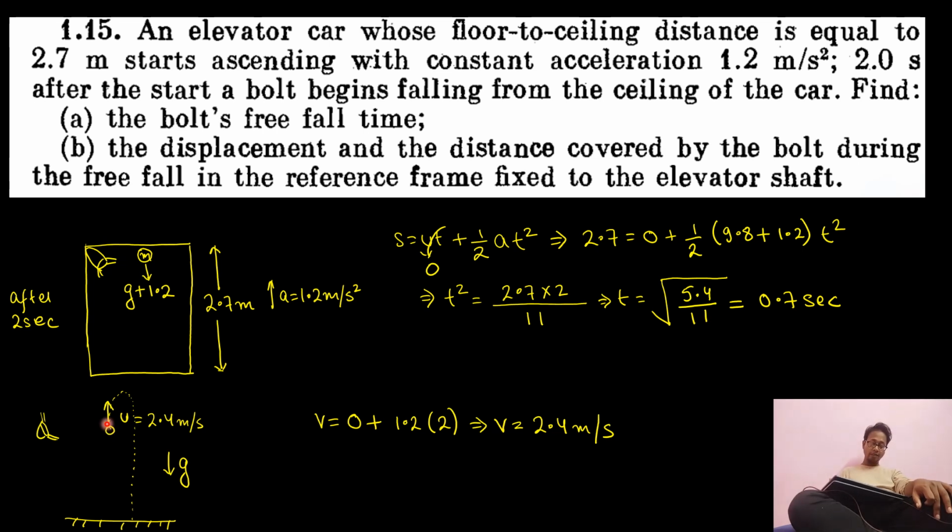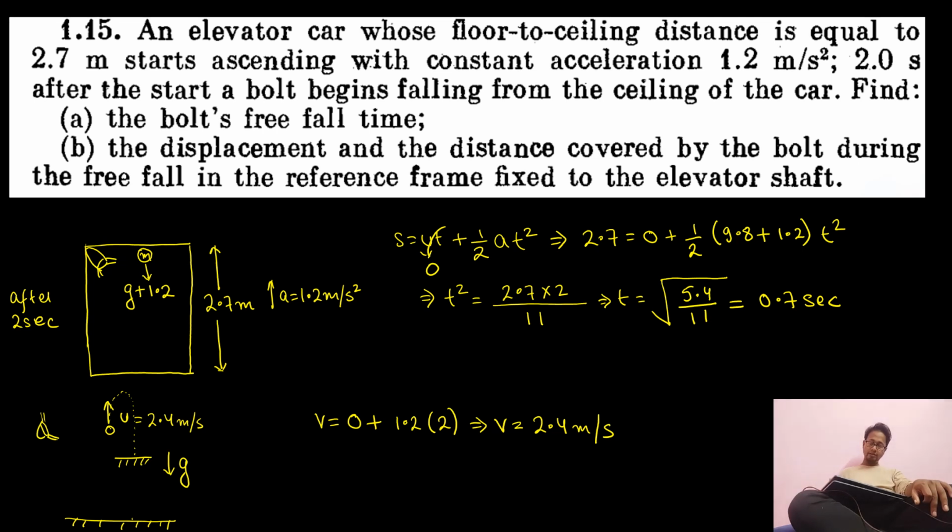One more thing. The bolt won't hit the ground. The bolt will hit the elevator shaft, no? The bolt will hit the elevator shaft. What is the total time of flight? That means when the bolt reaches out here, the projectile will stop. So what is the total time of flight out here? Can I say the total time of flight is equal to 0.7 second?